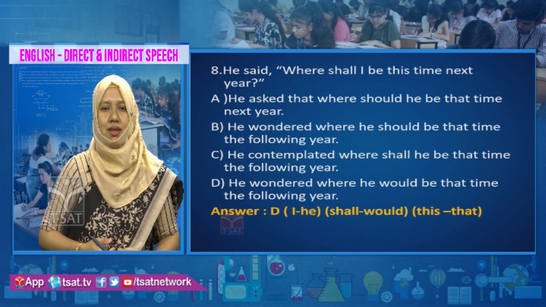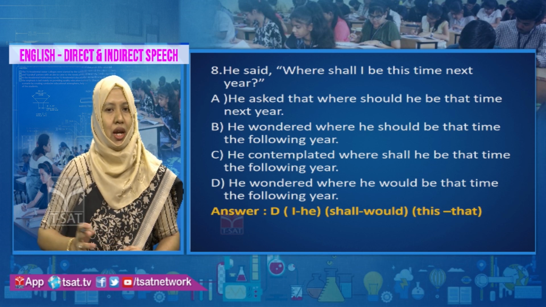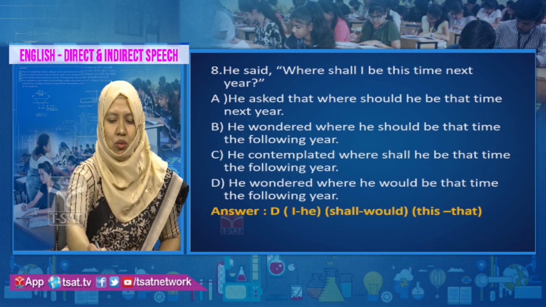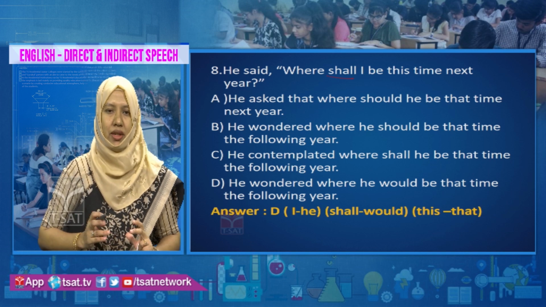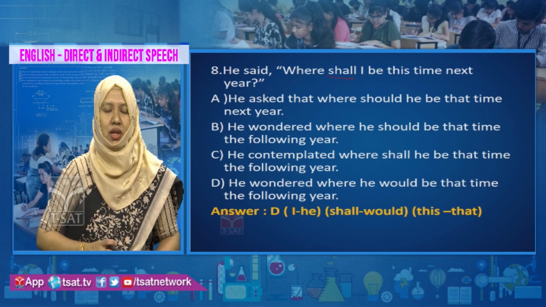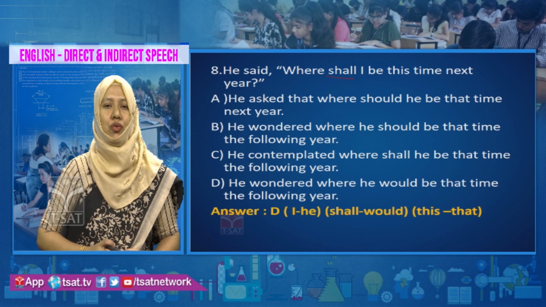Let us look at the next example. He said, "Where shall I be this time next year?" Here a modal verb is used, shall, and it is a question. It is starting with a WH word.